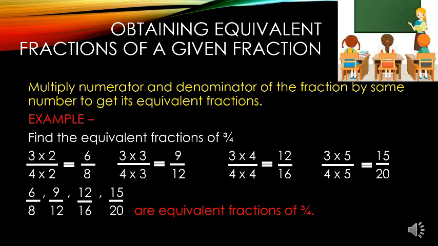Hence, multiplying the numerator 3 by 2 and the denominator 4 by 2, we obtain our first equivalent fraction, that is 6 by 8. Now, multiplying the numerator 3 by 3 and the denominator 4 by 3, we obtain our second equivalent fraction, that is 9 by 12.